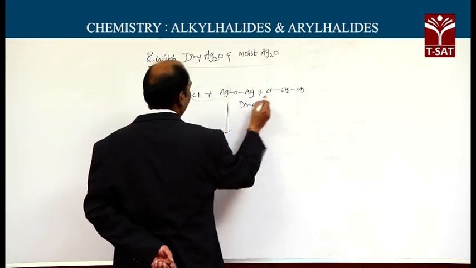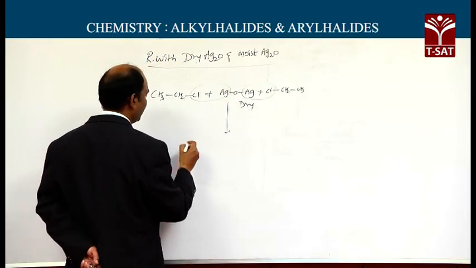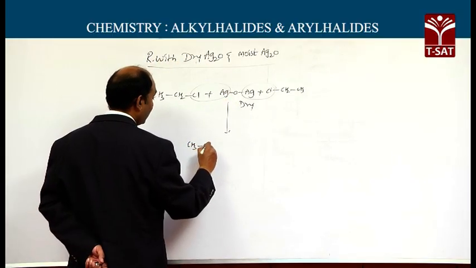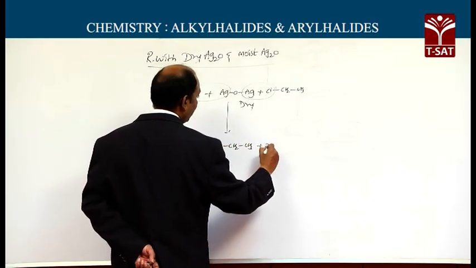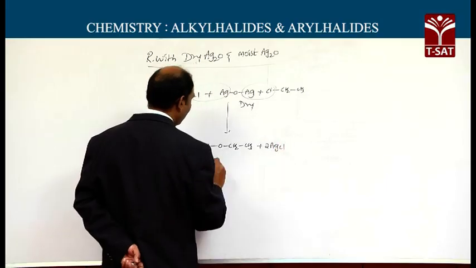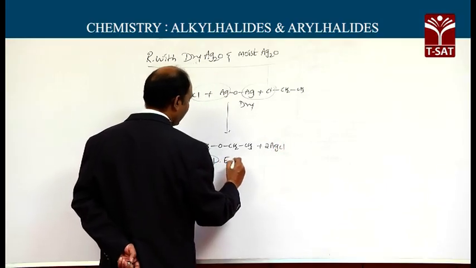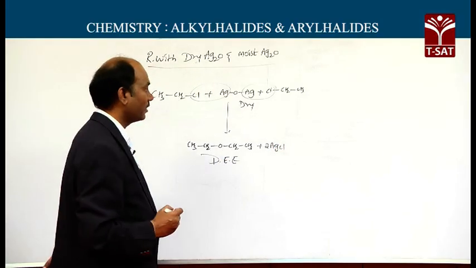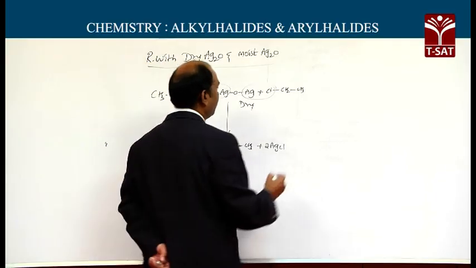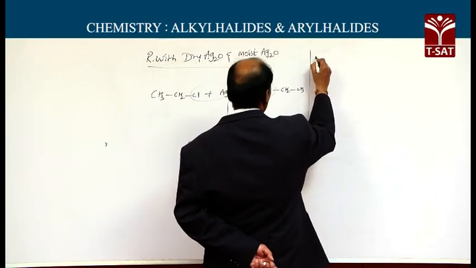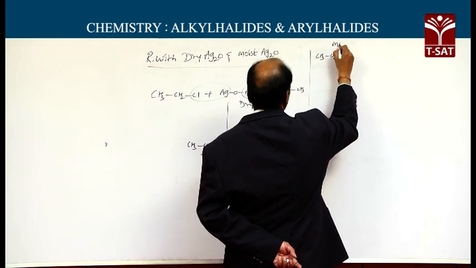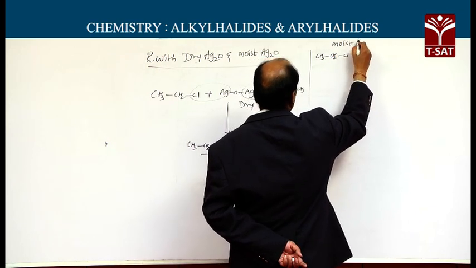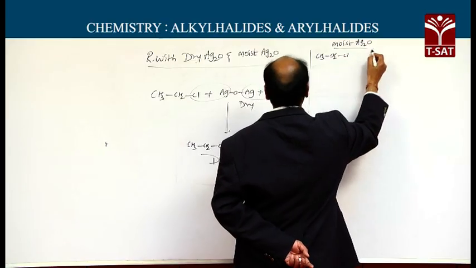Here AgCl, here also AgCl, elimination of AgCl takes place. We get CH3CH2OCH2CH3 plus 2 moles of AgCl. This is nothing but diethyl ether.